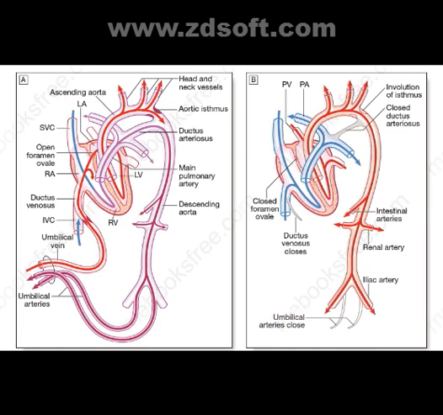And the right figure, figure B, shows the circulation after birth of the baby. Here it shows closed ductus arteriosus, closed foramen ovale, ductus venosus closes, and umbilical arteries also close.